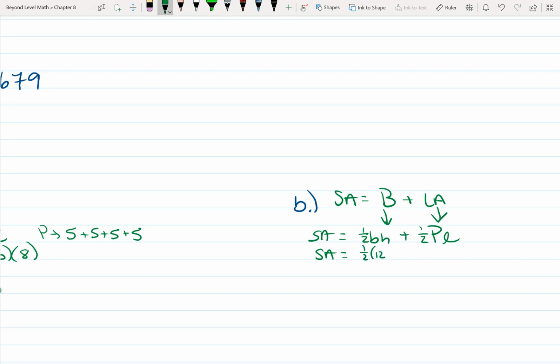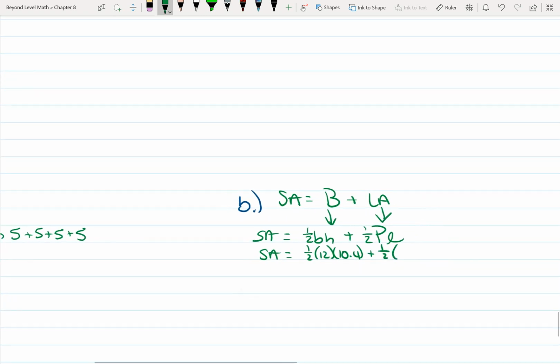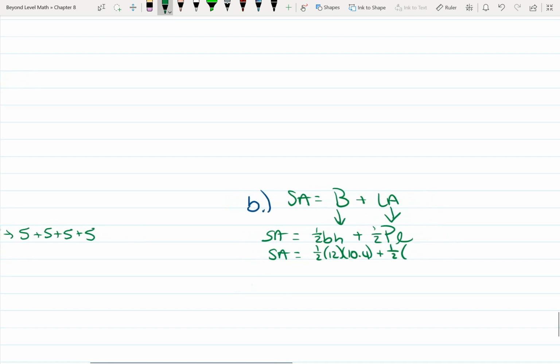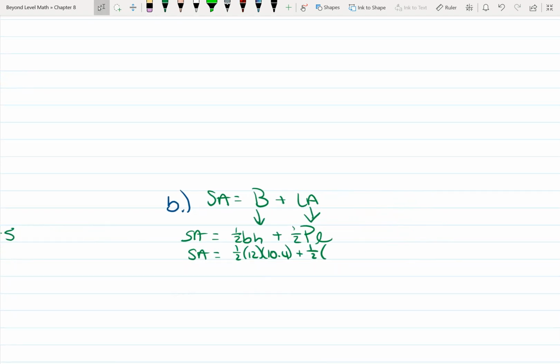So 1/2 times 12 times 10.4 plus 1/2. Now, because this is a triangular pyramid, the perimeter will be found by doing 12 plus 12 plus 12, and we get 36. The slant height is 15.